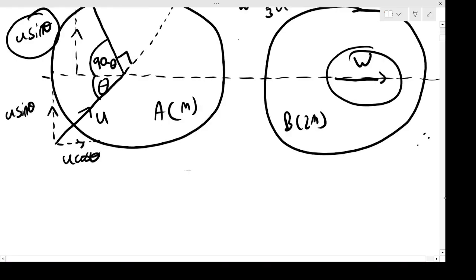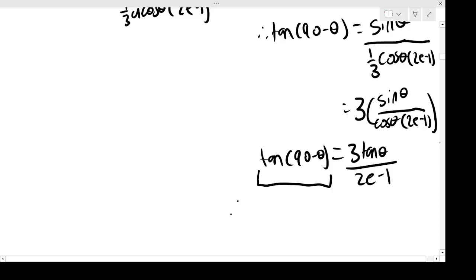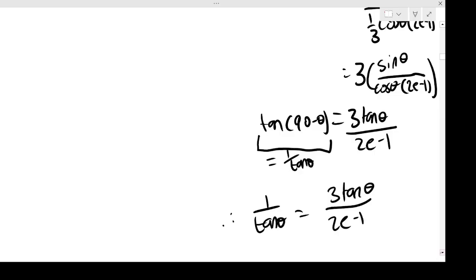So I can sub that in. This is equal to 1 over tan theta. So therefore 1 over tan theta is going to be 3 tan theta over 2e minus 1.